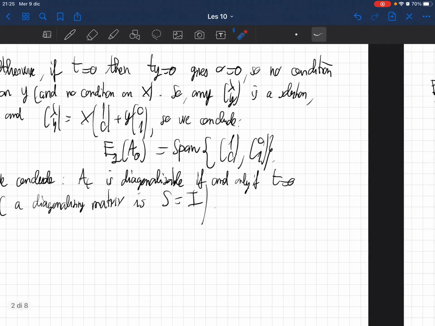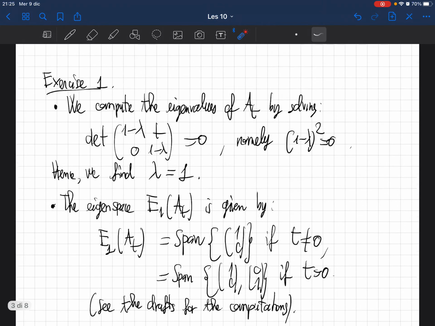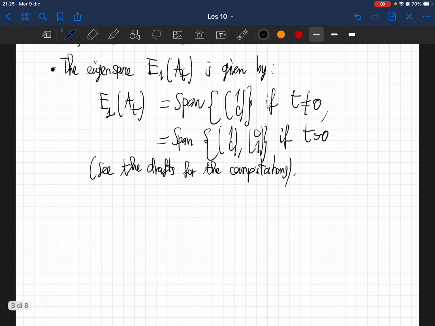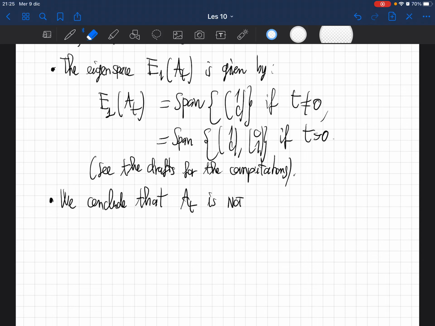So we just take this solution as just a resume. So we conclude A^T is not diagonalizable. As I said, I repeat again, there's no rule for writing these solutions.